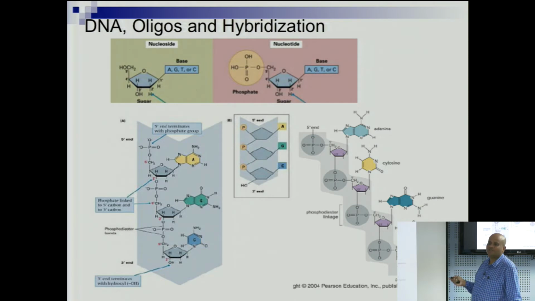Do you know the difference between DNA and oligos? When you have the long base pair DNA, and you have a shorter chain, they are known as oligonucleotides. So it is basically shorter DNA.